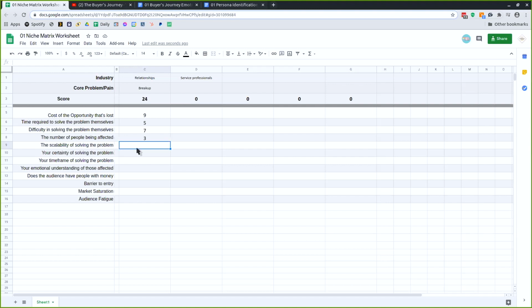Whereas if we're talking about a digital product, obviously there's no effort in there and you can scale it like crazy. So if you were to think about how you could combine the digital and the physical element to help them solve that, how scalable is this really?